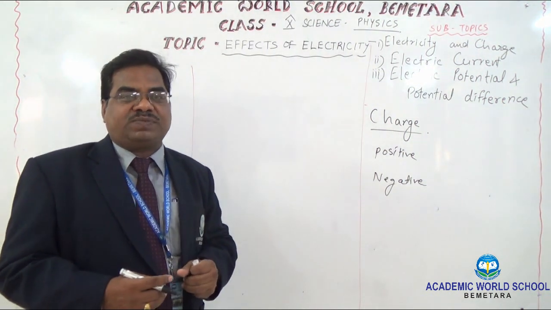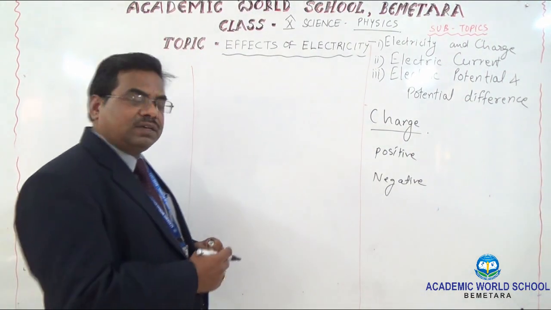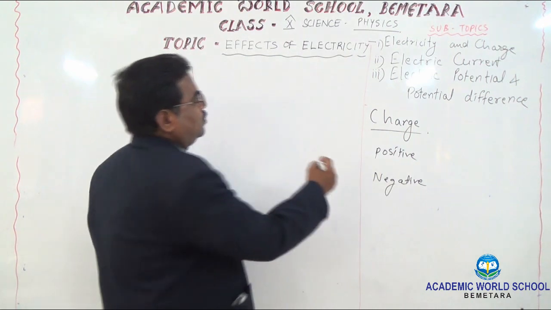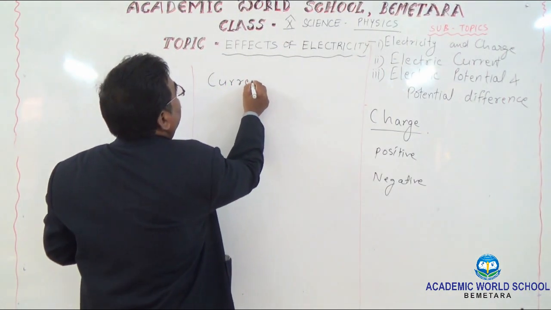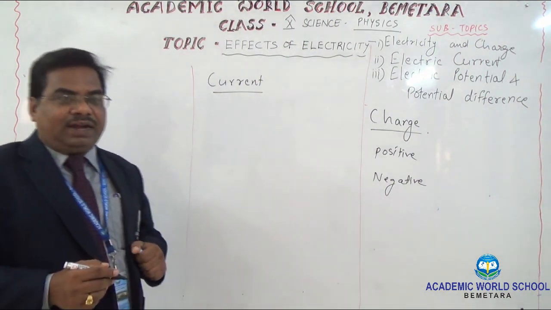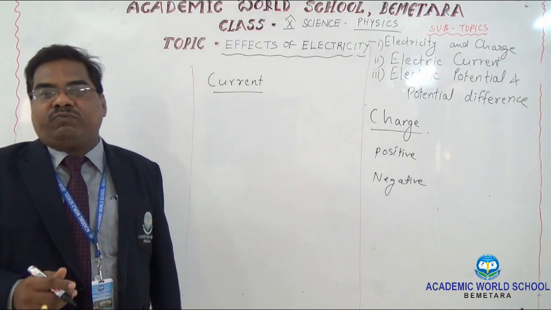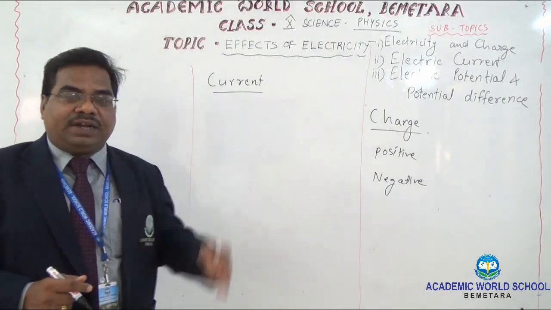The movement of charge in a wire is known as current. Current or electric current is constituted when the charges move inside any electrical conductor.